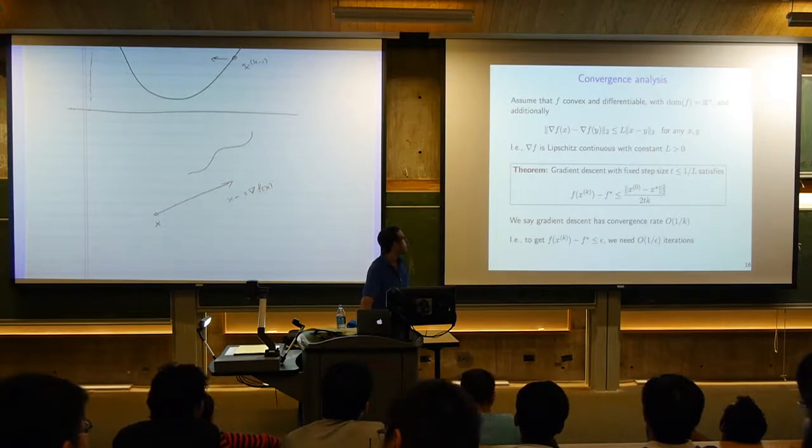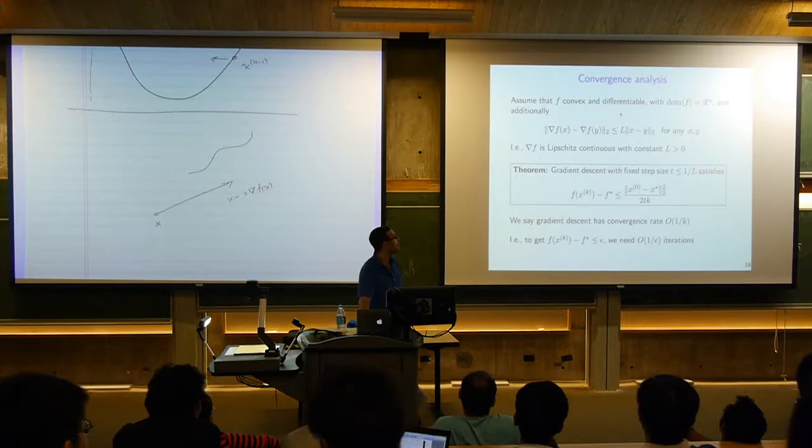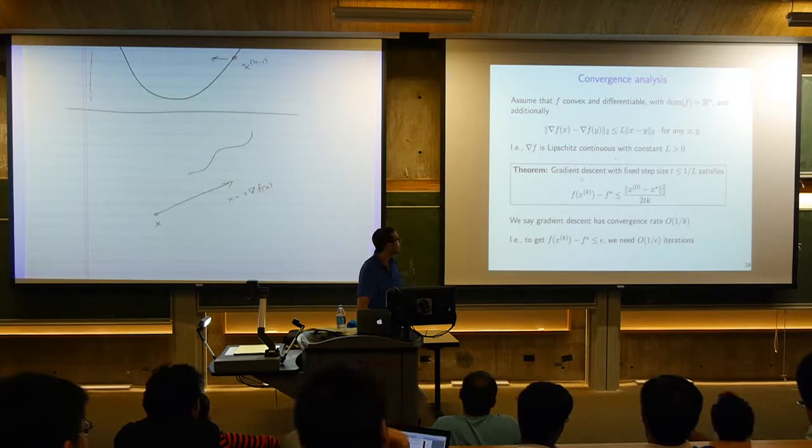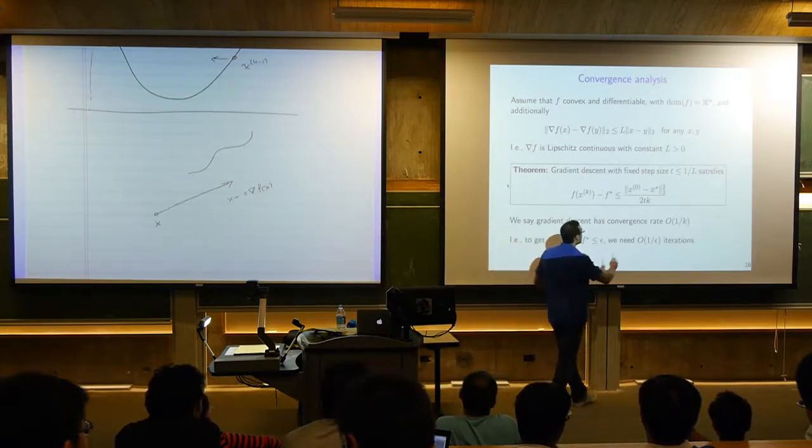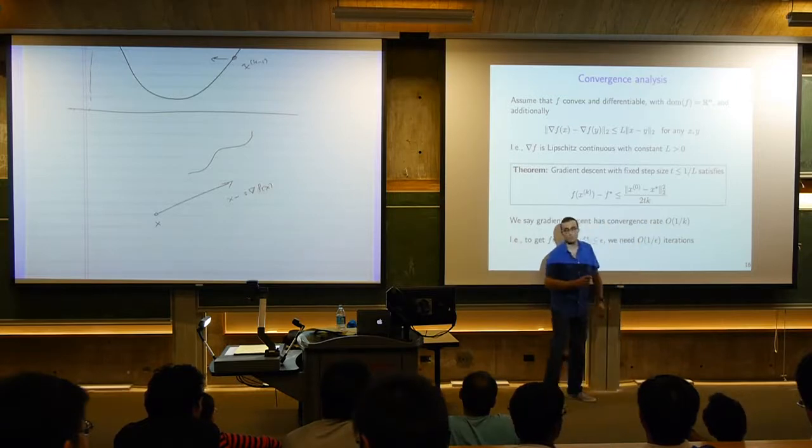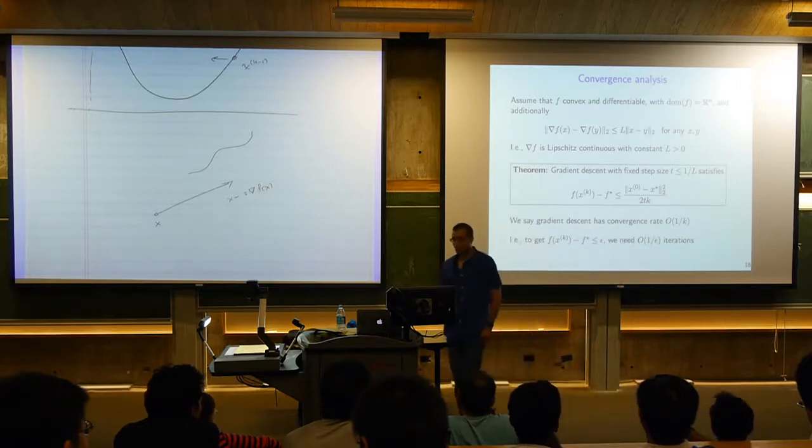Given these facts, which are pretty innocuous, right? A convex differentiable function, full domain, Lipschitz continuous gradient, we're going to prove that gradient descent with a step size that's anything less than or equal to 1 over L satisfies the following inequality.